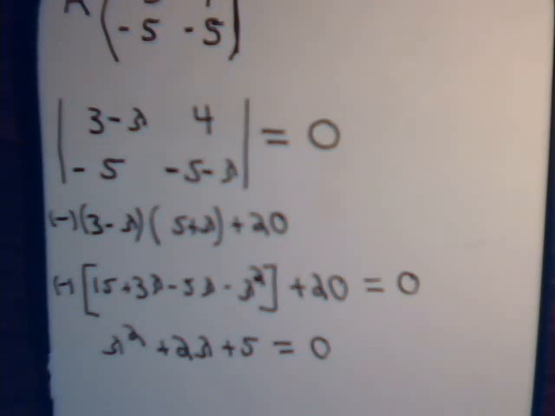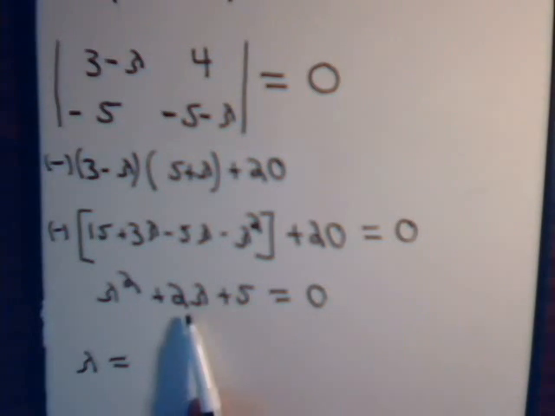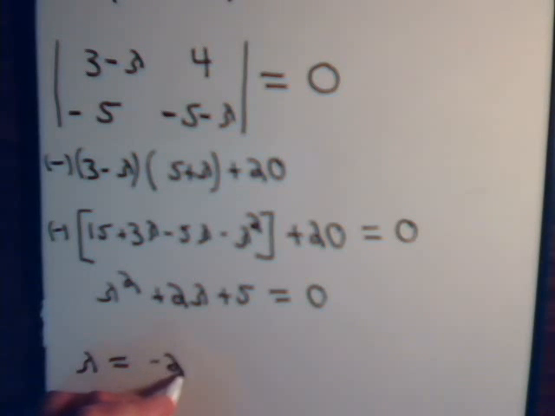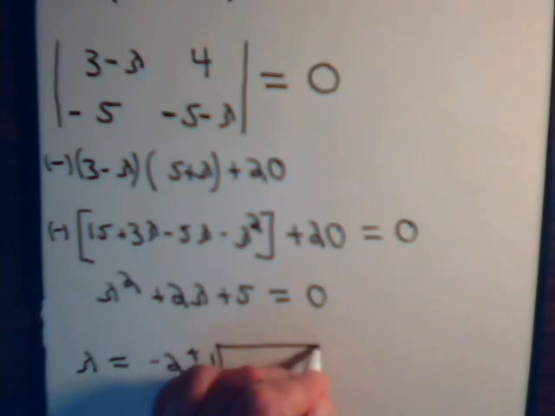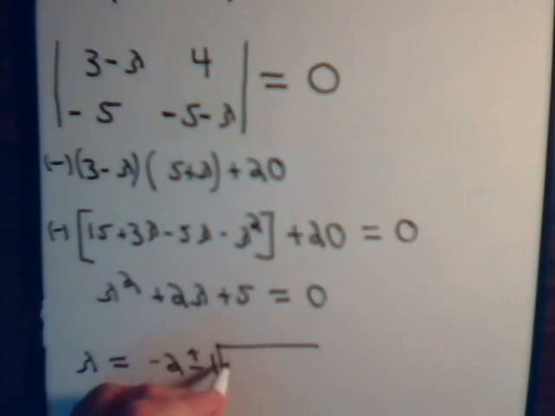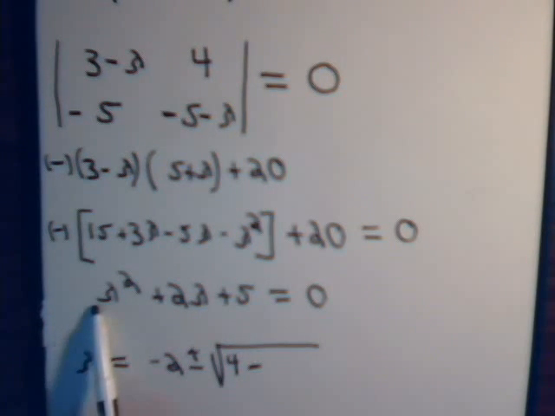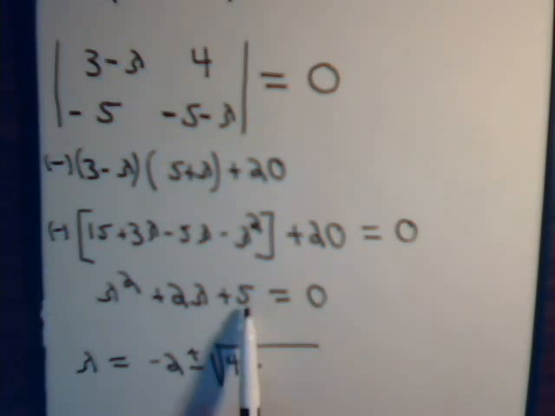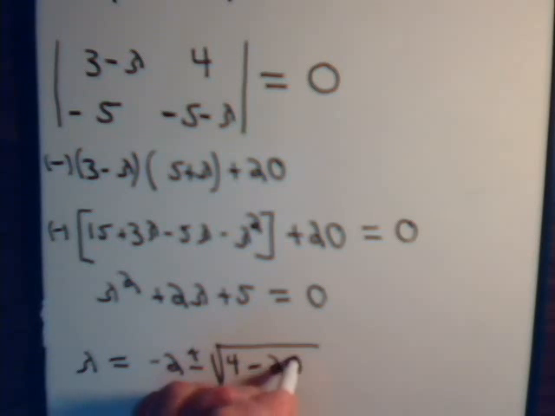And we can't factor this, so we'll have to use the quadratic formula to do this. So we have lambda equals minus b, that would be minus 2, plus and minus the square root of b squared, that would be 4, minus 4ac.